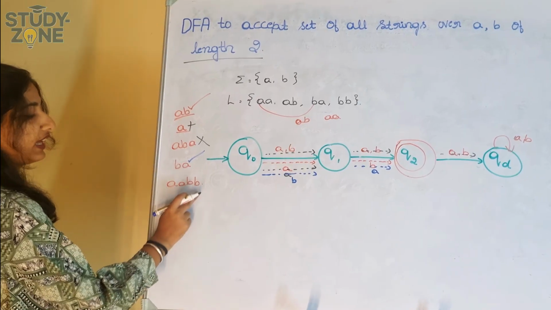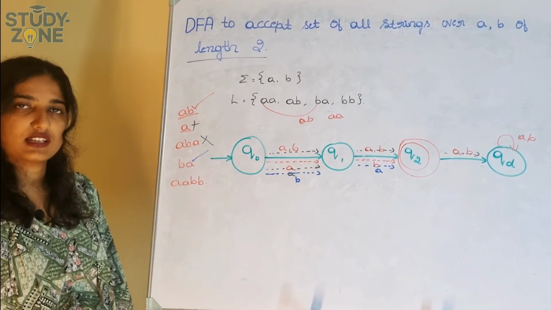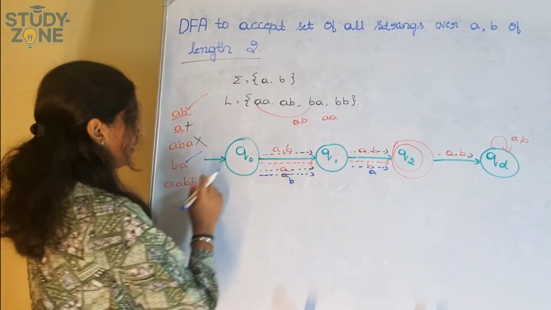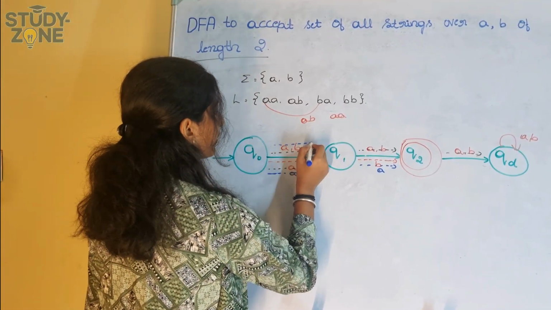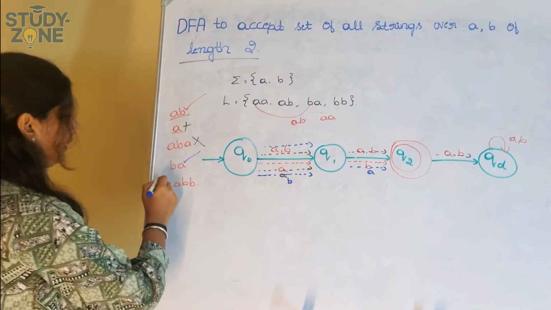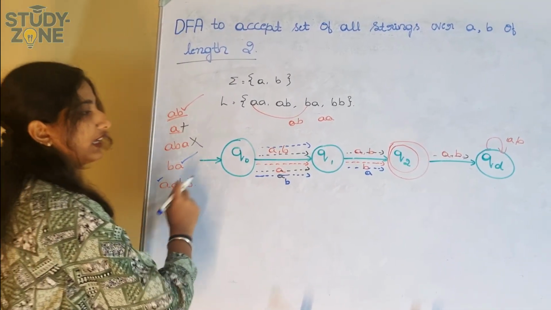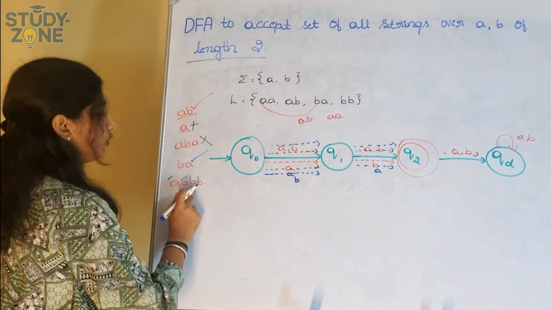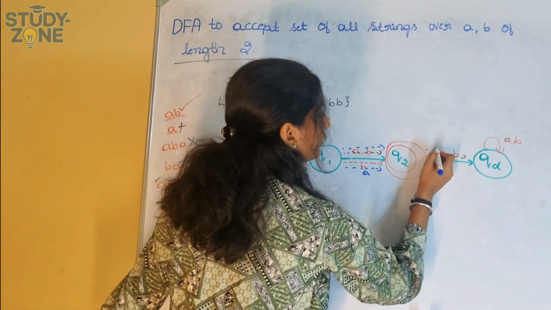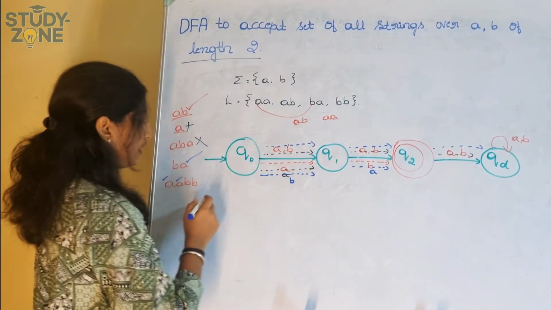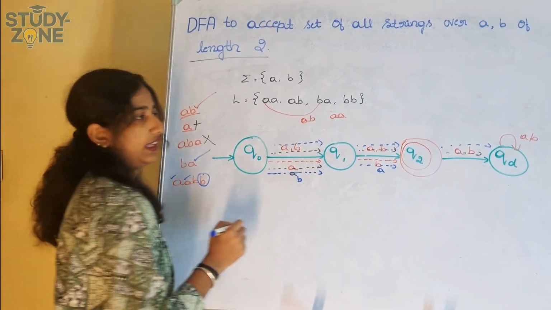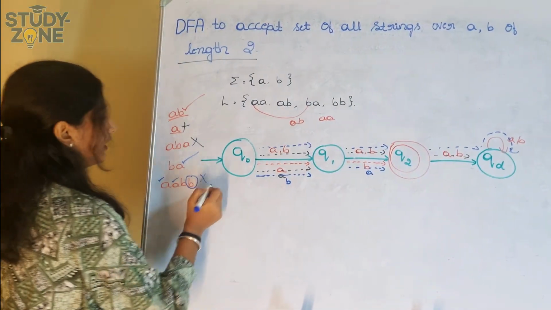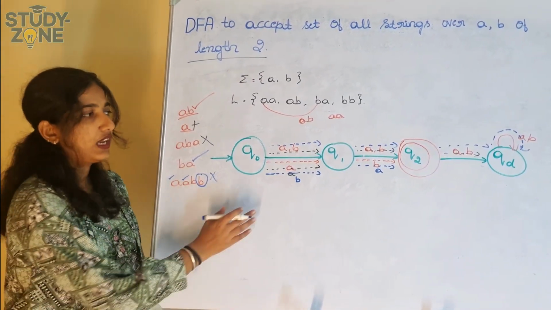Since it is more than 2 characters, it should get rejected, right? So let's check. Q0 on A moving to Q1, done. Q1 on B moving to Q2, done. And then Q2 on B, moving to the dead state. Now again B, so it will be there in the dead state only, so it is getting rejected. So our transition diagram is proper.